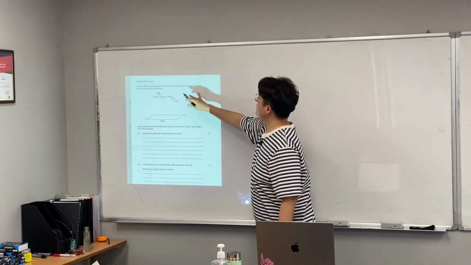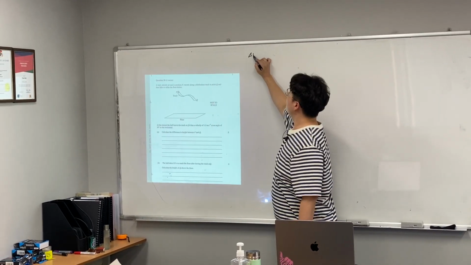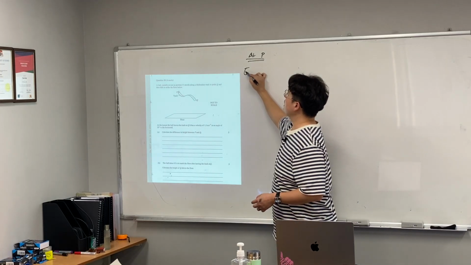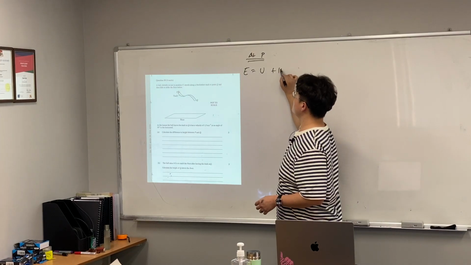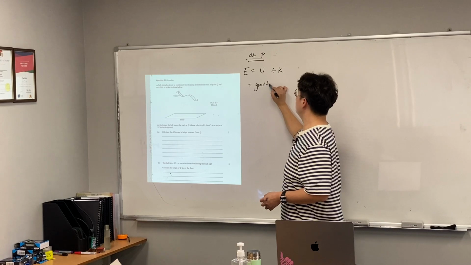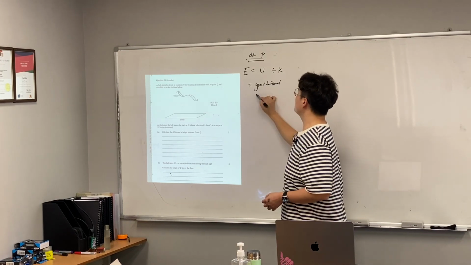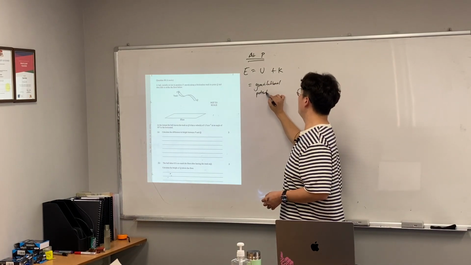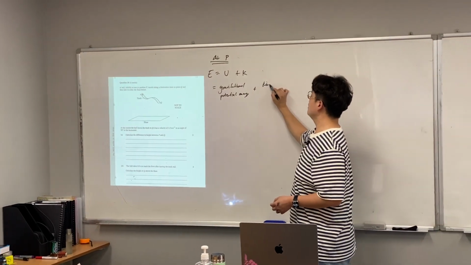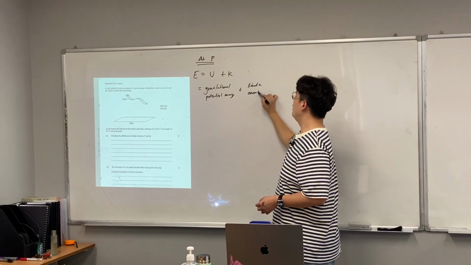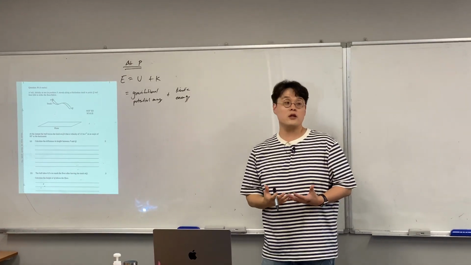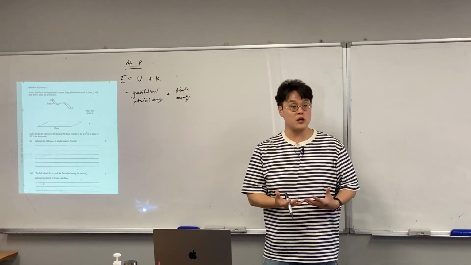When the ball is at P, you have to know that the total mechanical energy, E, is always U plus K, where U is the gravitational potential energy plus the kinetic energy. And according to the conservation of energy, the total amount of energy will be conserved. It will just transfer and transform.